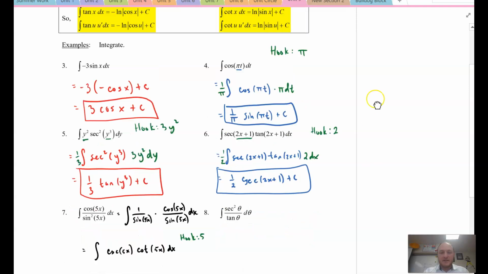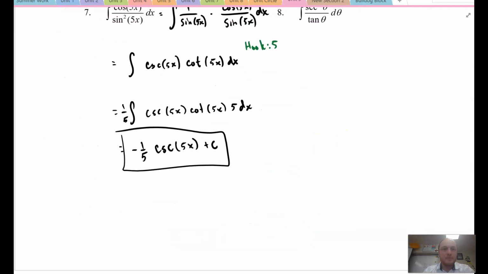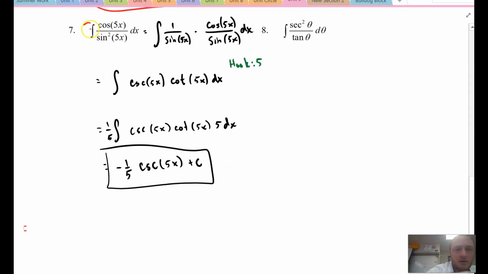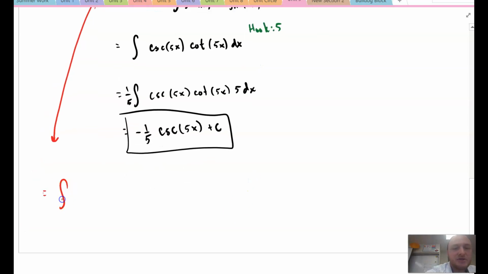All right, there is another way that you can go ahead and do this. The other way would be to rewrite this as the integral of sine to the negative second 5x cosine x dx, and then your hook, right, is what's the derivative of sine squared.